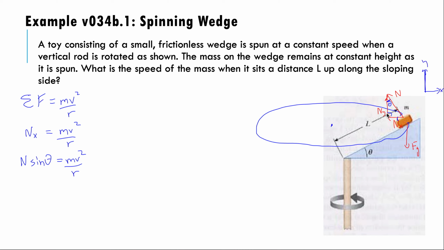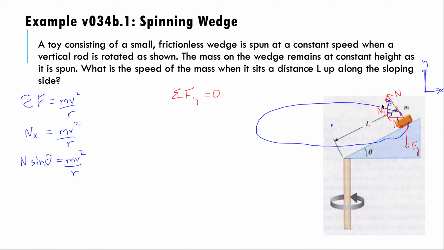And we can solve for n that way. It says that the mass remains at a constant height, so it's not jumping up and down as it's moving in a horizontal circle. So it is in equilibrium in the y direction. What we can do is use Newton's second law in the y direction and say we are in equilibrium.